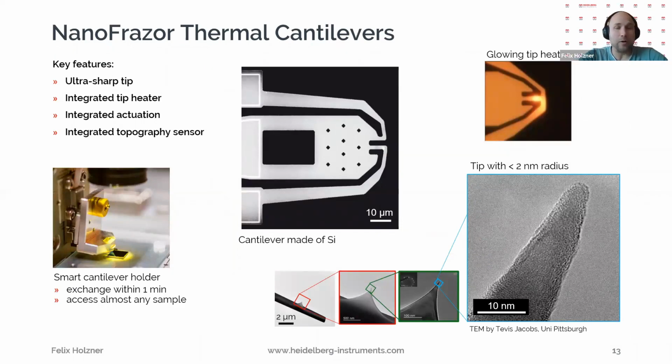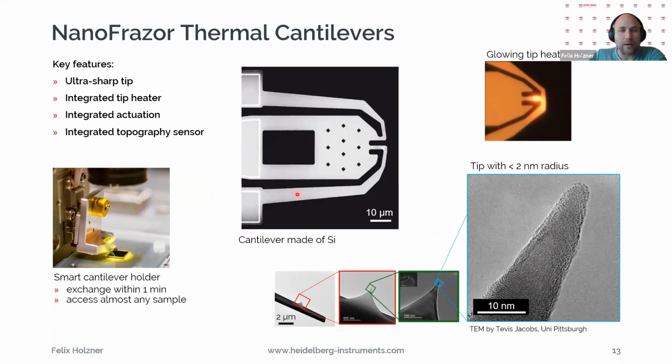Now I come to a little bit more detail about the technology. Really the core part of our technology are these thermal cantilevers. They are all made of silicon, and they have this tiny, very sharp tip sitting on top of a 2-micron sized micro heater. This heater we can control very accurately between room temperature and around 1100 degrees to heat up the tip and then do the writing, right?